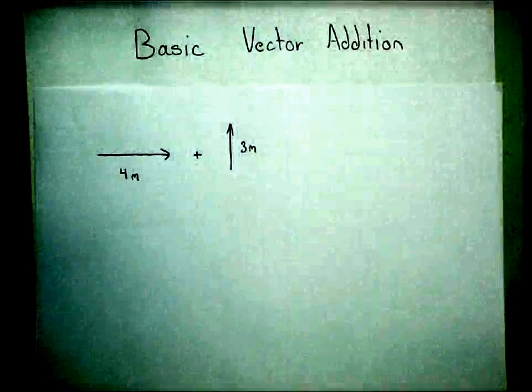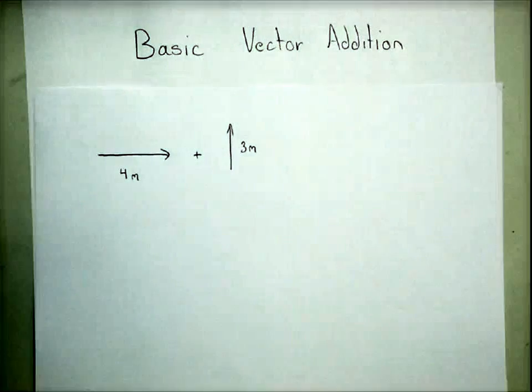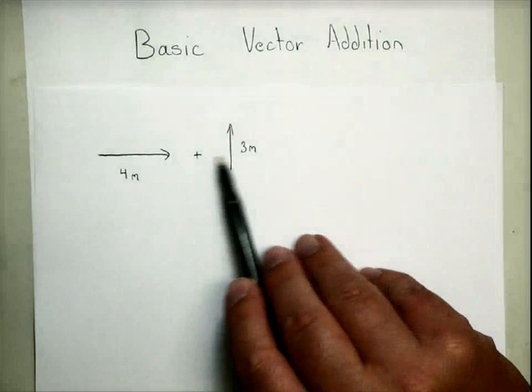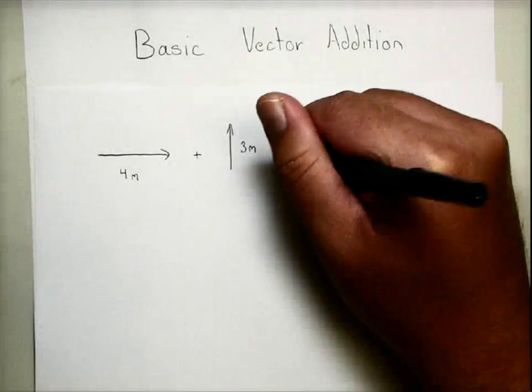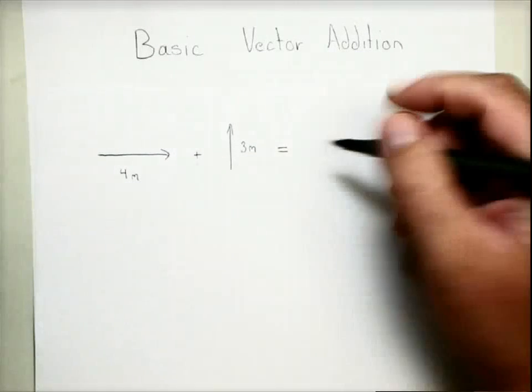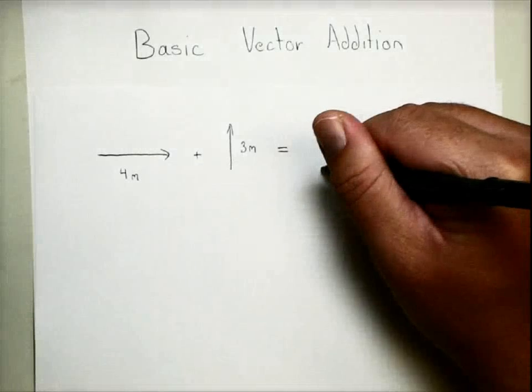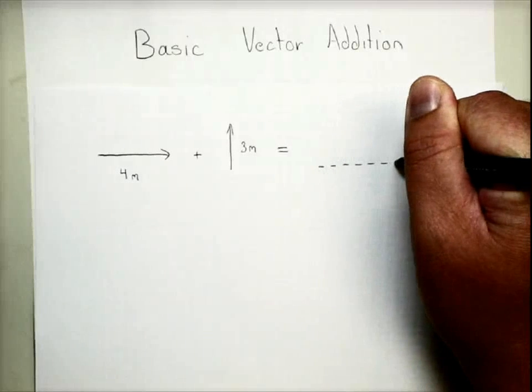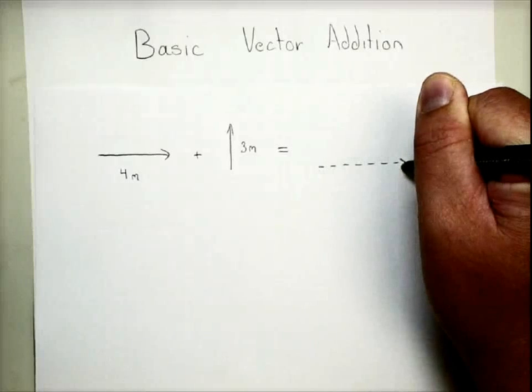This is not going to be 7 meters in any direction, and the direction itself is not very clear from this. So here's what we have to do. We have to take our 2 vectors that we're adding. So our 4 meter vector, and I'm going to draw that in a dashed line. So there's our 4 meter vector.